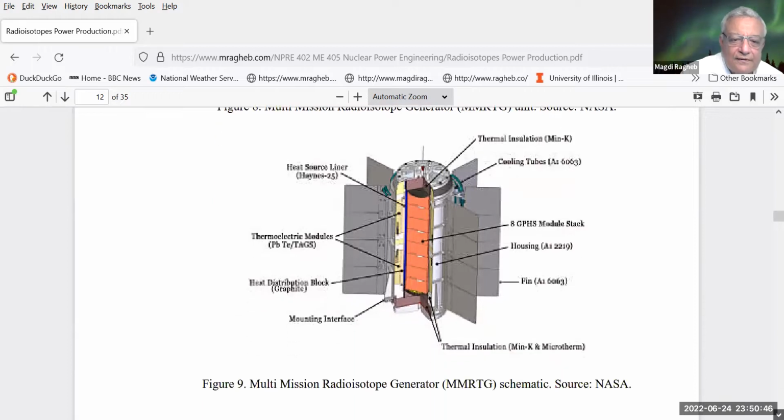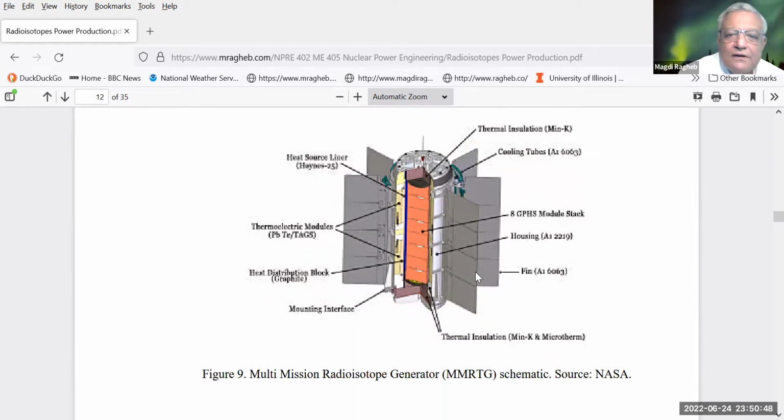This is more detail. You could see this is 8 GPHS modules of the radioactive isotopes. And you get thermal insulation on the top and the bottom. And here, this would be the liner. You have to protect those components, and then you have the radiator radiating into space.